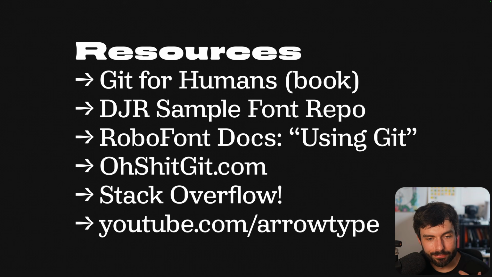Stack Overflow: Google those questions that you have and somebody's answered them. It's also more useful than, say, ChatGPT might be, because you can see discussion around answers and you can see more context. So that can be really nice, both as a way to understand your current question, but also to learn more over time. And then YouTube.